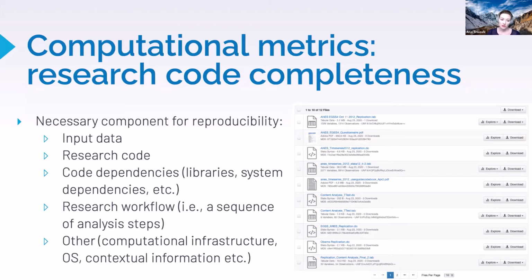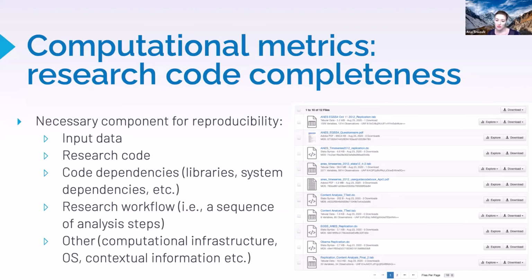So here, in contrast to all these necessary components, we can see how a data set is actually deposited. We can see a bundle of do files, which are code files. We can see data sets, these are tab files, and we can also see some PDFs that serve to inform us how to use this data set.